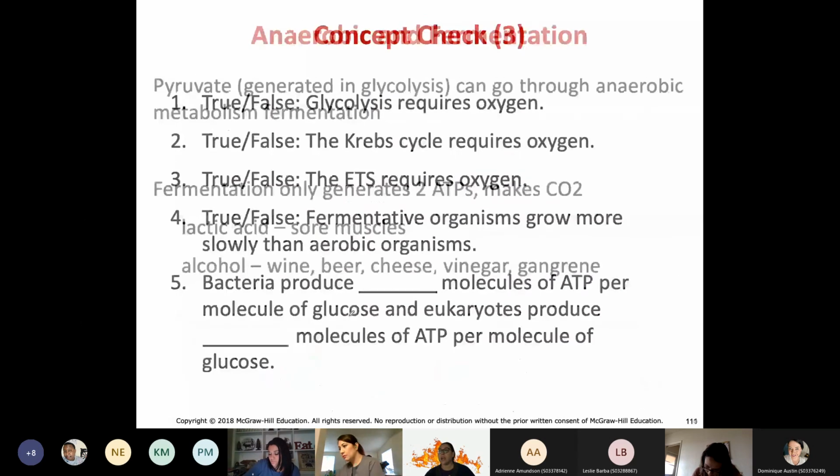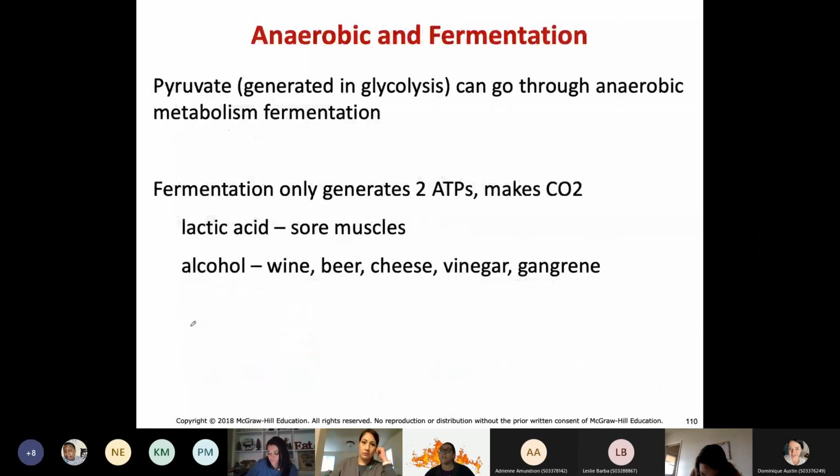So we learned a lot. Here's our summary slide from anaerobic and fermentation. Pyruvate itself generated from glycolysis can go through anaerobic metabolism if oxygen is not present. So remember, anaerobic metabolism and fermentation happen when oxygen is not present. That's how anaerobes survive.